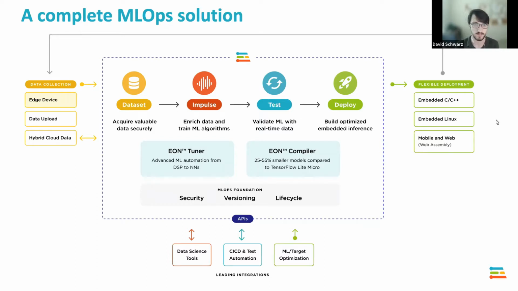So we support every step of the way, as already mentioned, starting with data collection. We're really proud to have a really diverse set of ways to get data into our platform that makes it as easy as possible to collect data, because that's often the hardest step in the whole process: getting enough good data to make your model functional.